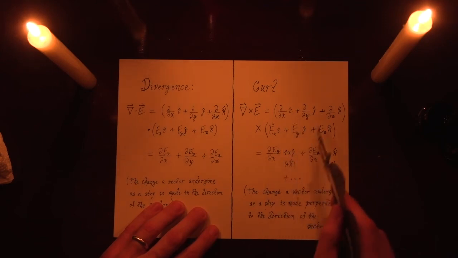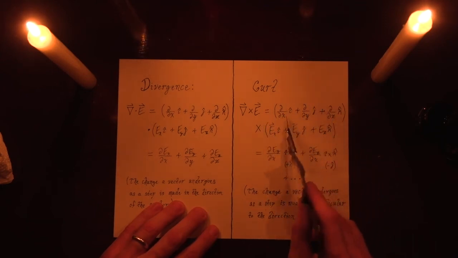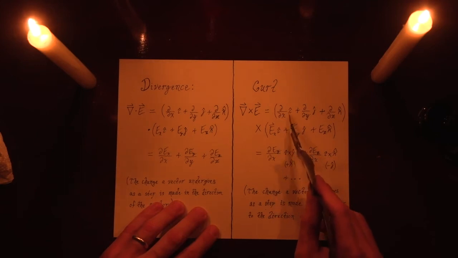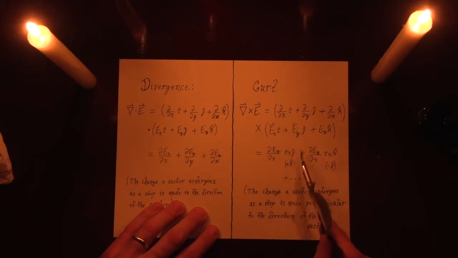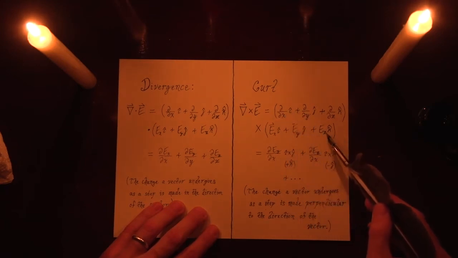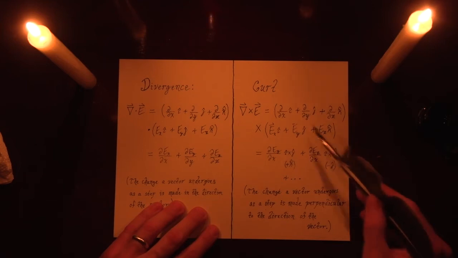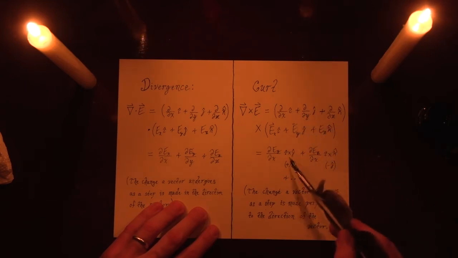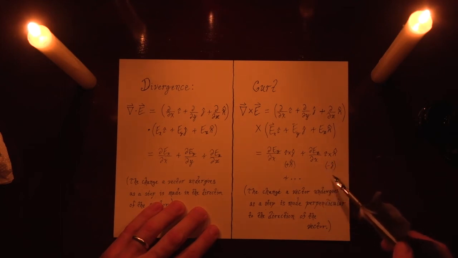Now, if I were to express this only for the x derivative, as I just said, I would take the x derivative of the y component, i hat cross j hat, and then the x derivative of the z component, i hat cross k hat, which if you do the right-hand rule is positive k hat, and this is negative j hat.